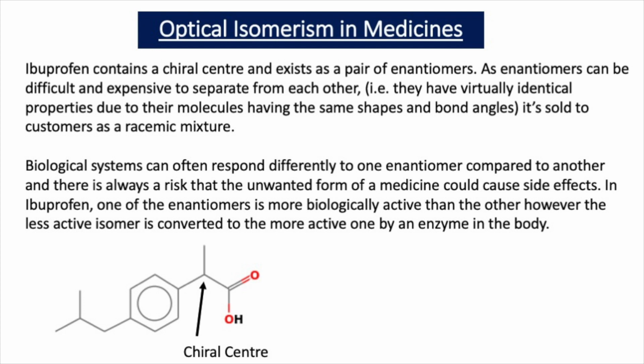However, the inactive isomer is converted to the more active one by an enzyme in the body. Now, if one of the optical isomers in a pair causes side effects when it's used as a medicine, it's very important that a patient is given the correct optical isomer. Otherwise, serious harm could happen to that patient.